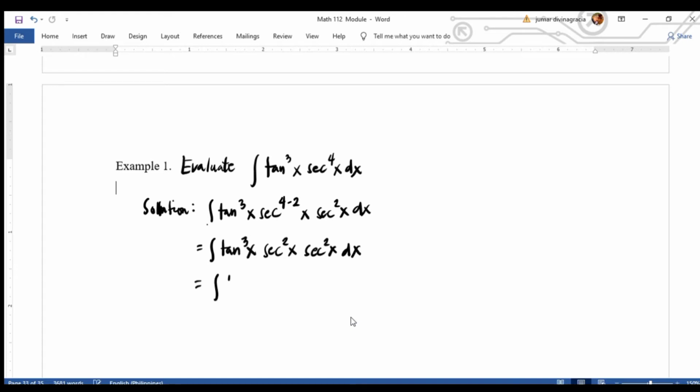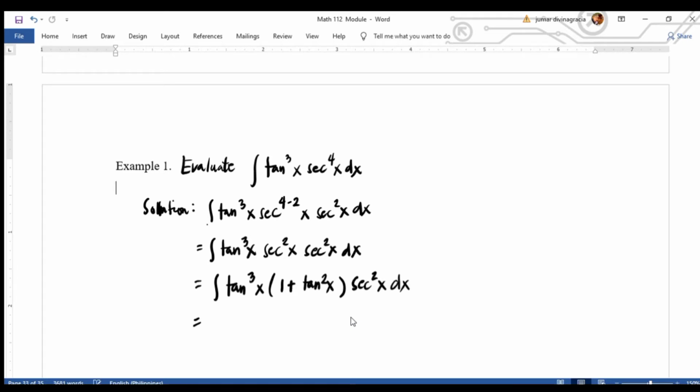The integral of tangent 3x times, we have to substitute now the identity of the secant square x, which is 1 plus tangent square x, times secant square x dx.